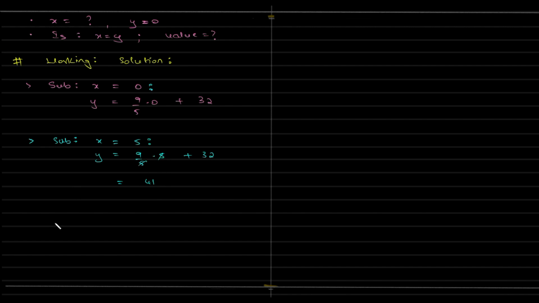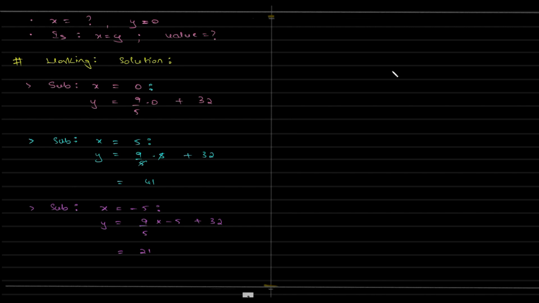And the last value, minus 5. So y is equal to 9 by 5 into minus 5 plus 32, which is equal to how much? 23, right? Wait, 21.